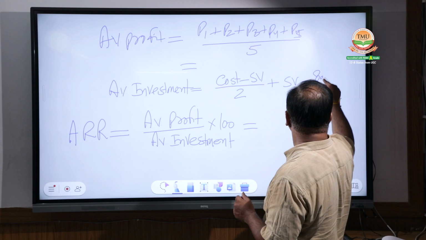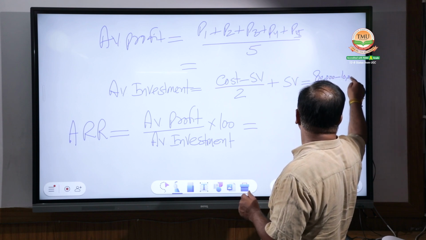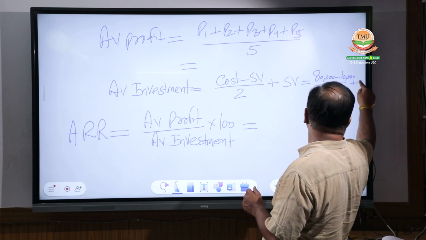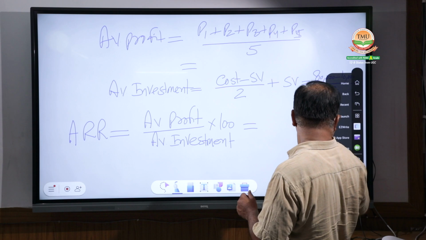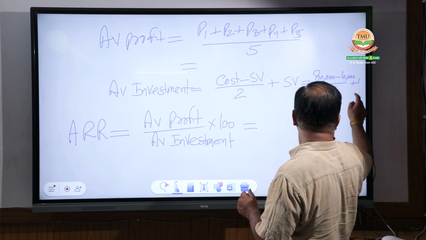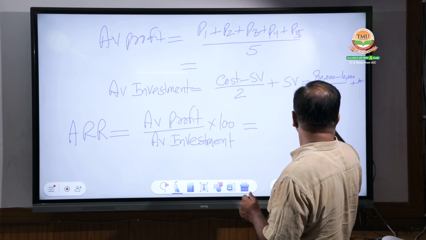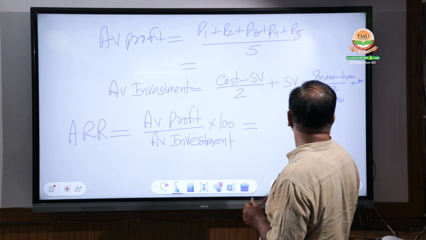So we write 80,000 minus scrap value 10,000 divided by 2 plus 10,000.